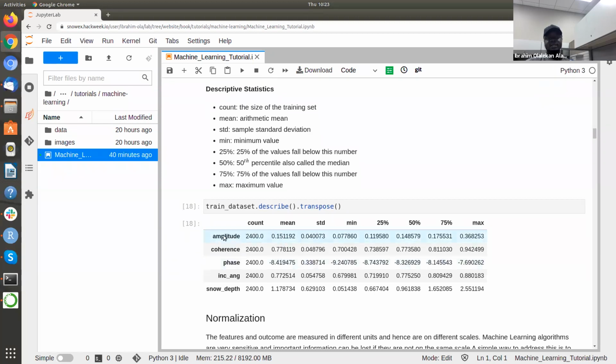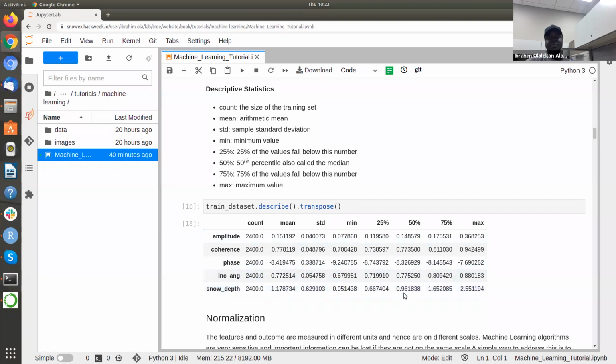Looking at this as an example, taking the snow depth, we have 2,400 observations in the training set. We have a mean of 1.17. We have a standard deviation of 0.629. And then the minimum snow depth is 0.05. Then the 25th percentile is 0.66, which means 25% of the values of the snow depth fall below 0.66.